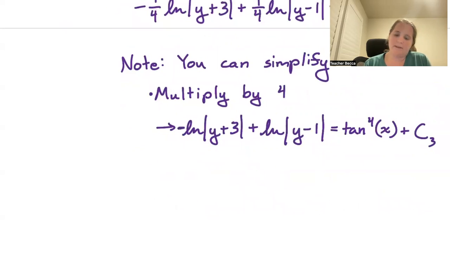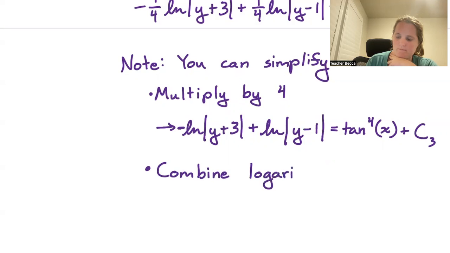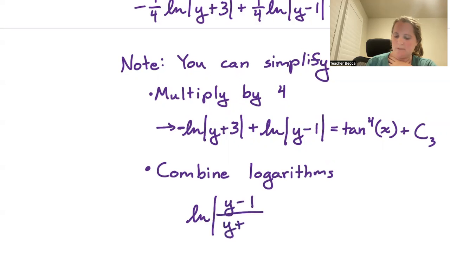Sorry, that would be a negative natural log of the absolute value of y plus 3 out front. If we then combine the logarithms, we could rewrite this as the natural log of the absolute value of y minus 1 over y plus 3 is equal to tangent to the 4th of x plus c3.